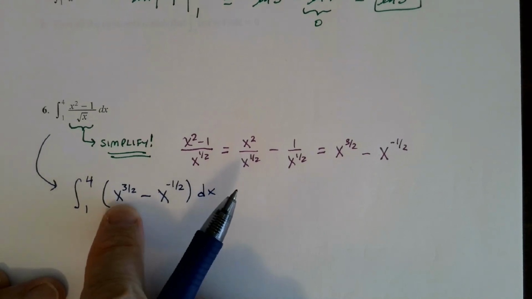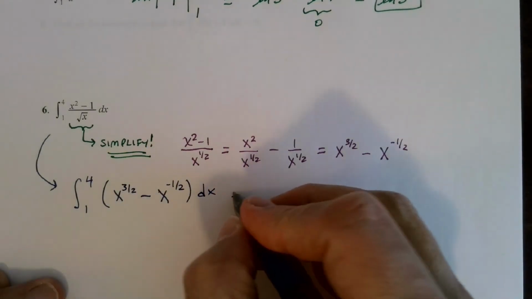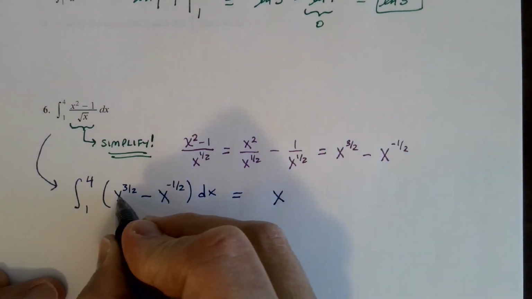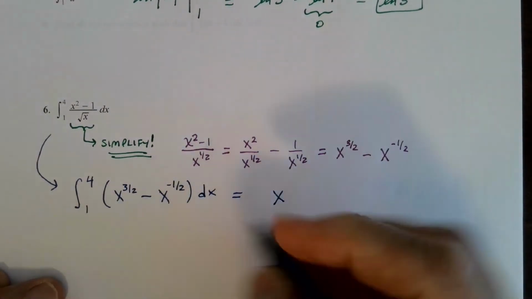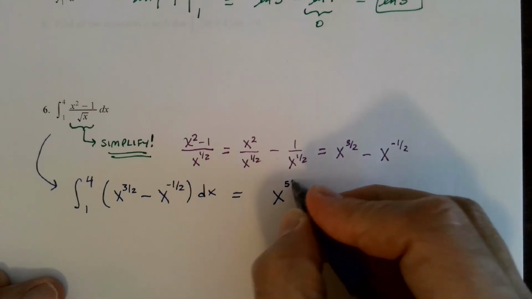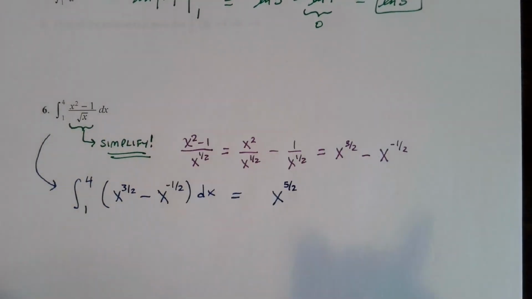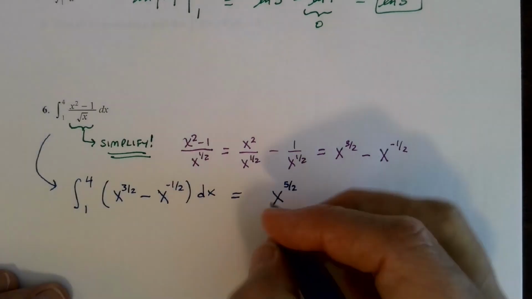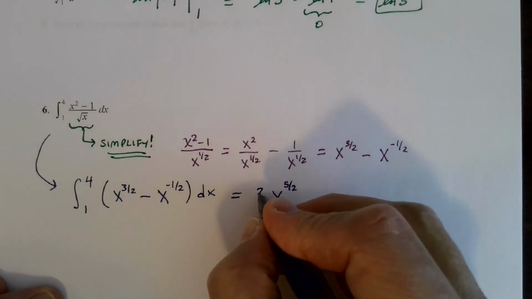What's the antiderivative of x to the 3/2? So remember, I add 1 to the power, antiderivative's power rule, add 1 to 3/2, that gives me 5/2, right? And then I'm going to divide by 5/2, right? But what is the same thing as dividing by 5/2? Multiplying by what? The reciprocal 2/5.